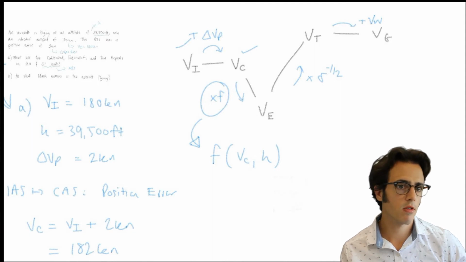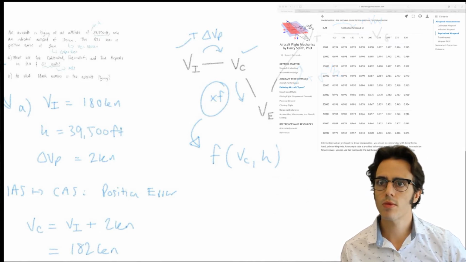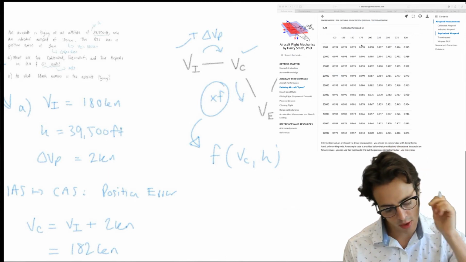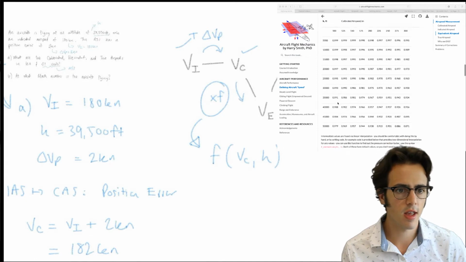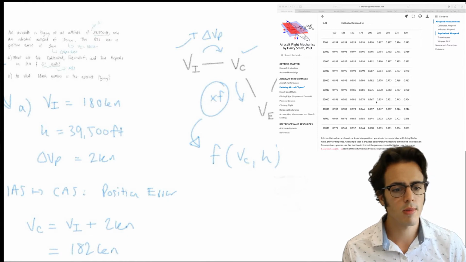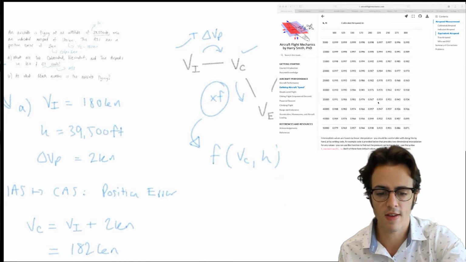So we can use this straight from the notes on the website. So I've got the table up here. So we're looking for 182 knots and an altitude of 39,000 feet. So it doesn't exist in here and it doesn't exist here. So we would need to do a two-dimensional interpolation on this table to work out what the F is.